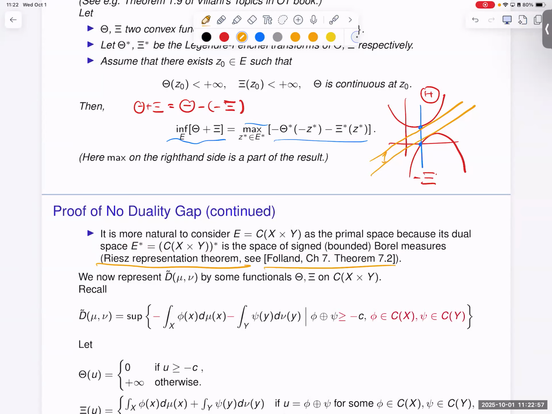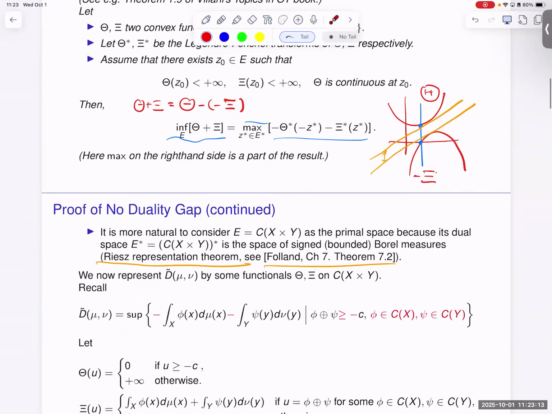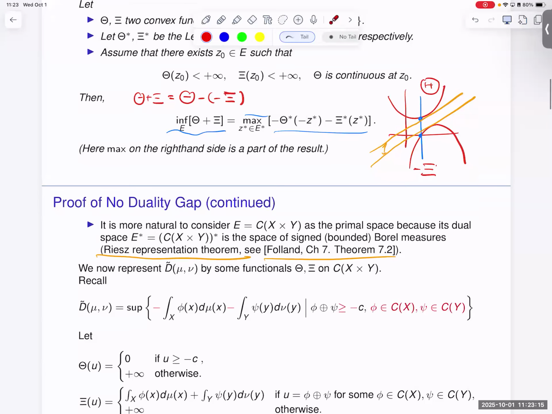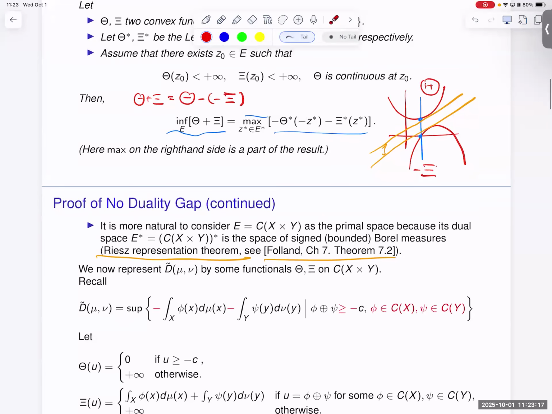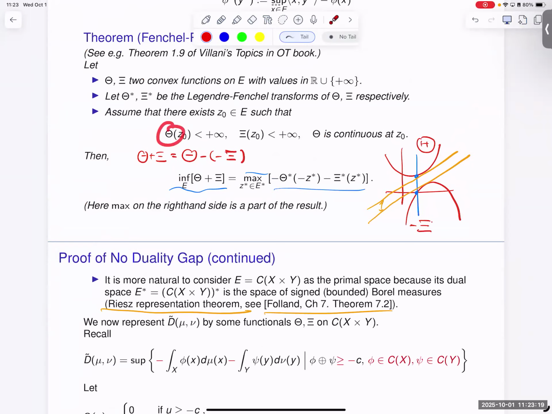So we start with this dual problem of optimal transport, namely this d theta, as our starting point for the Fenchel-Rockafellar duality. Then we want to choose this theta and psi corresponding to this expression and this constraint.